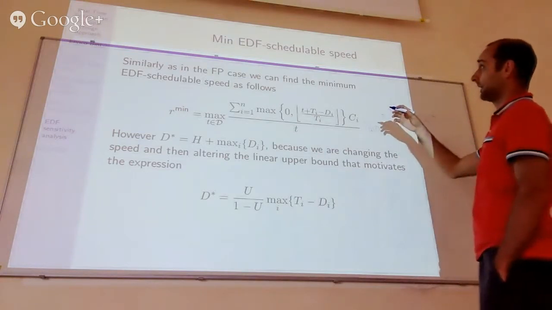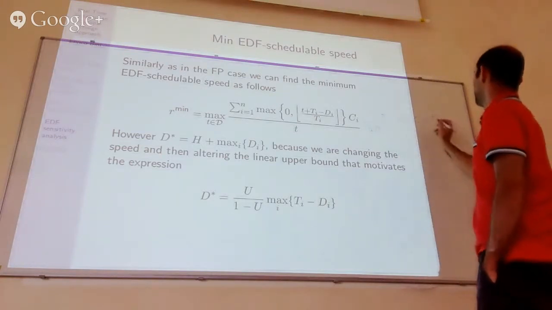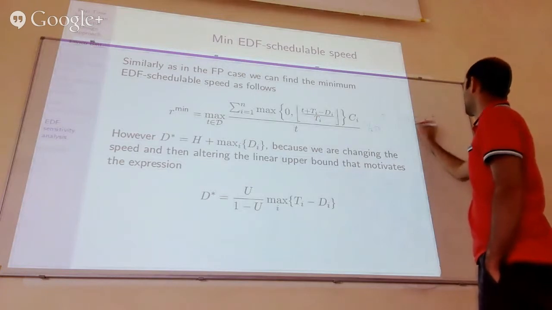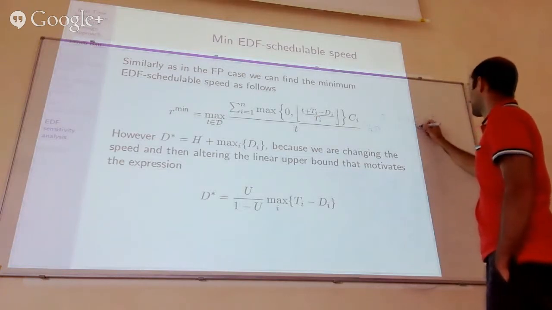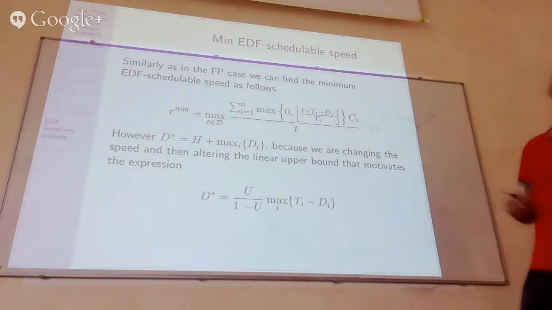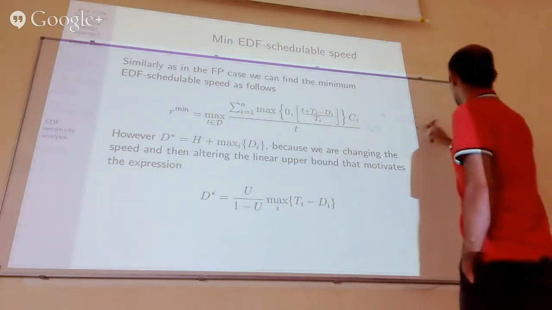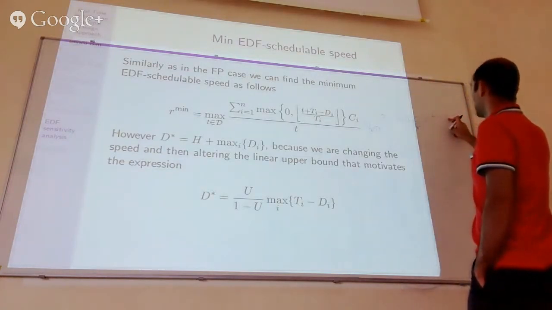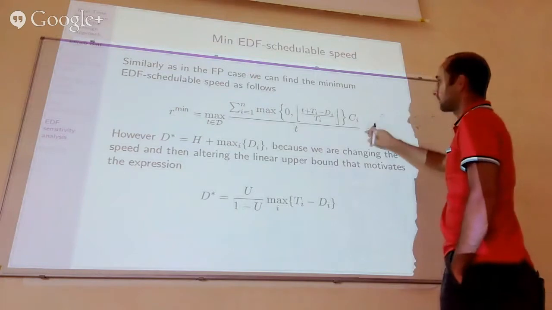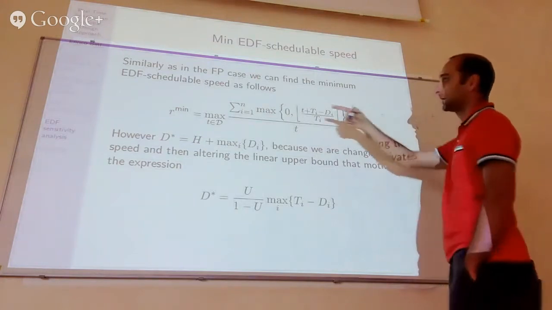Then if we want to find a speed r, it means that if we go at speed r, we are dividing the computation time by r, and we bring r here and t down here. We transform the for all into a max, and we get exactly that.